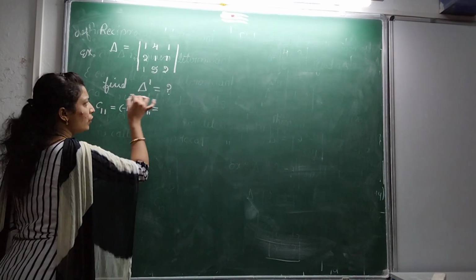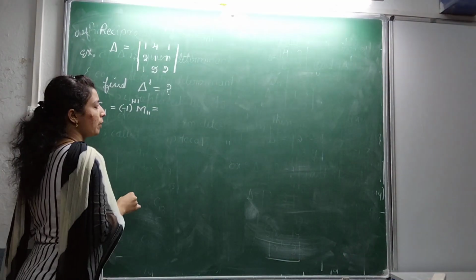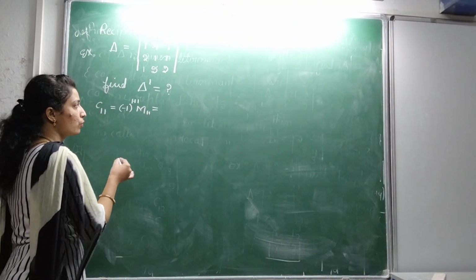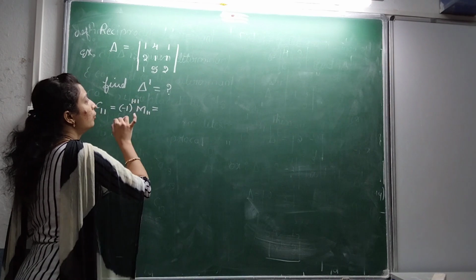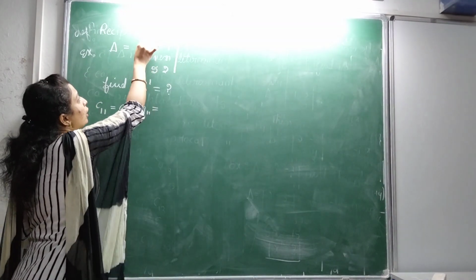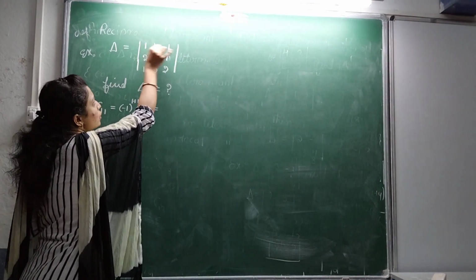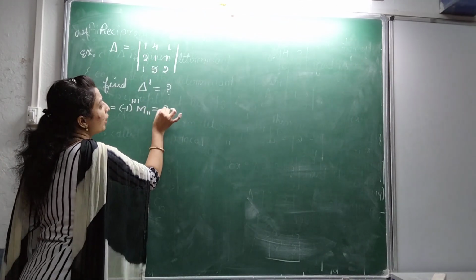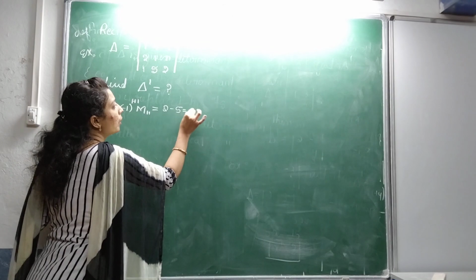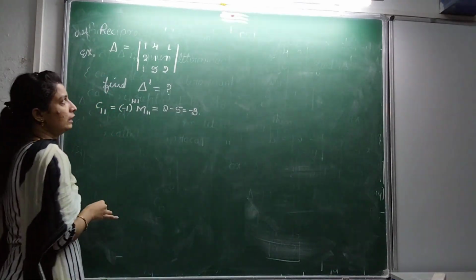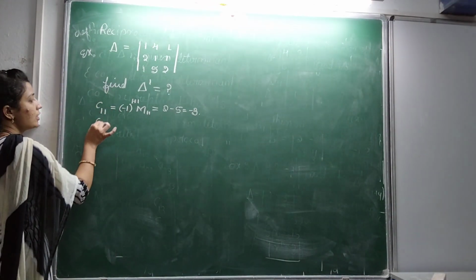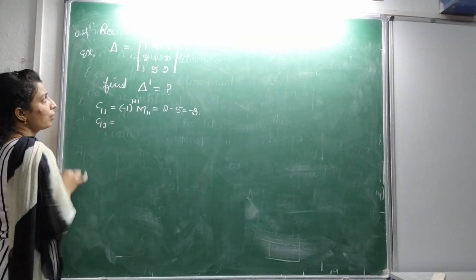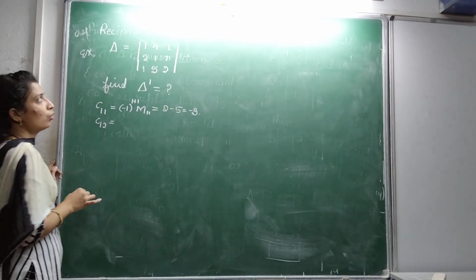Minus 1 whole square is plus 1, and M11 is from the first row and first column, elements 1 into 2, 2 minus 5, that is minus 3.